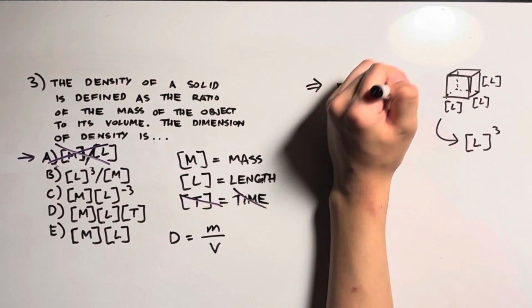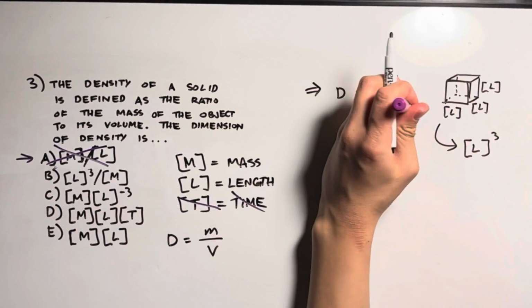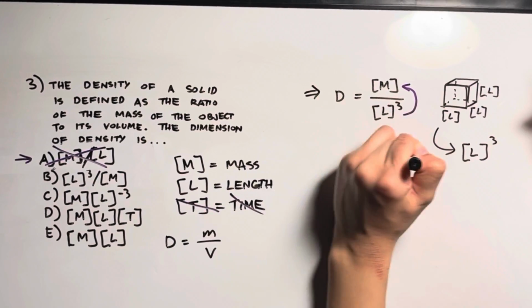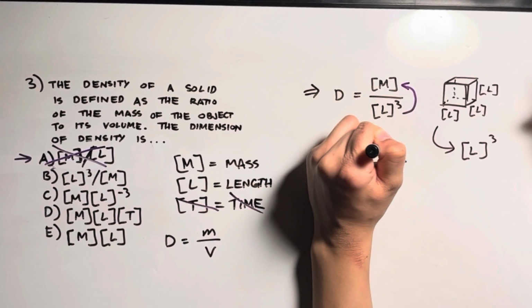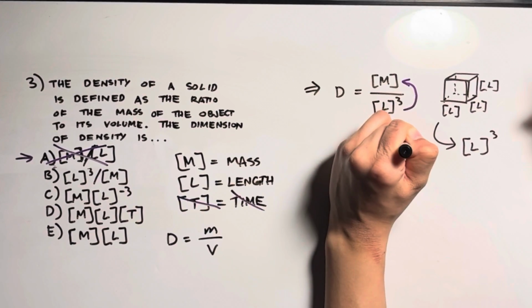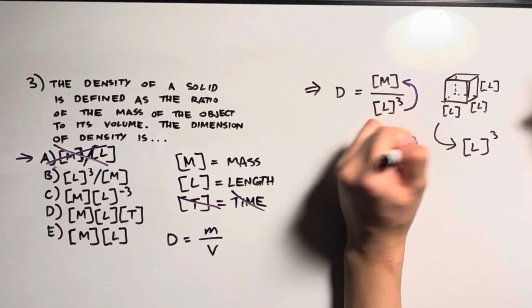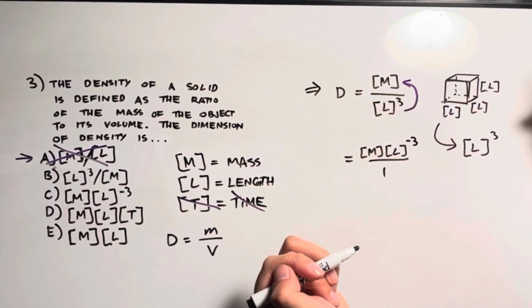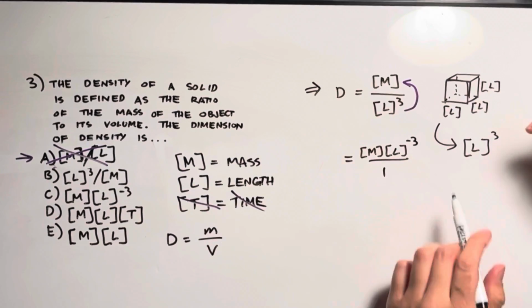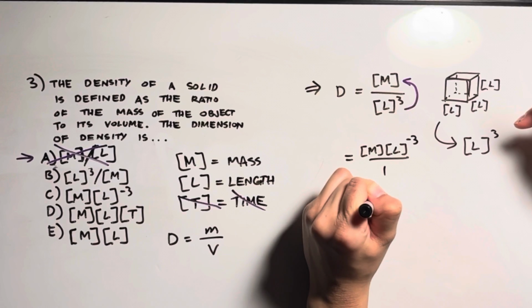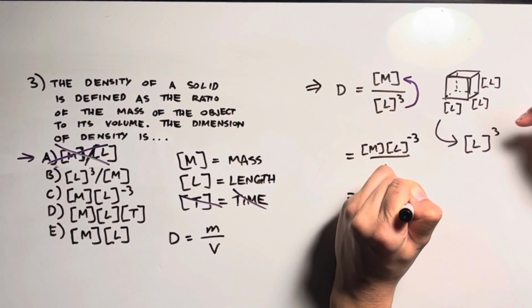Well, if we were simply to move our length cubed to the numerator, we can say mass times length, and our cube will become negative because it is moved to the numerator. So this is perfect. Now we have C. So C would have to be the correct answer.